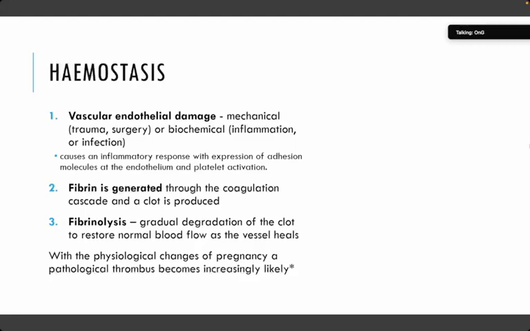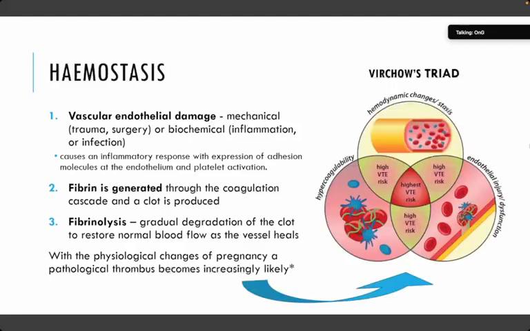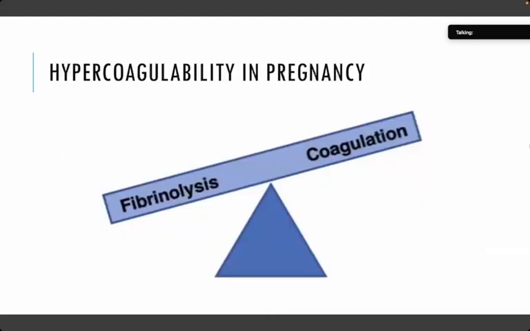With the physiological changes of pregnancy, a pathological thrombus becomes increasingly more likely because these changes, as described in Virchow's triad, venous stasis, endothelial damage, and hypercoagulability tend to be more pronounced in pregnancy. So why exactly are pregnant patients prone to VTE?